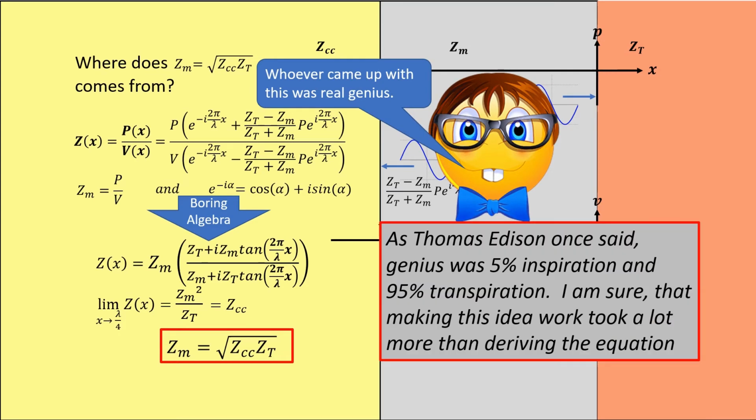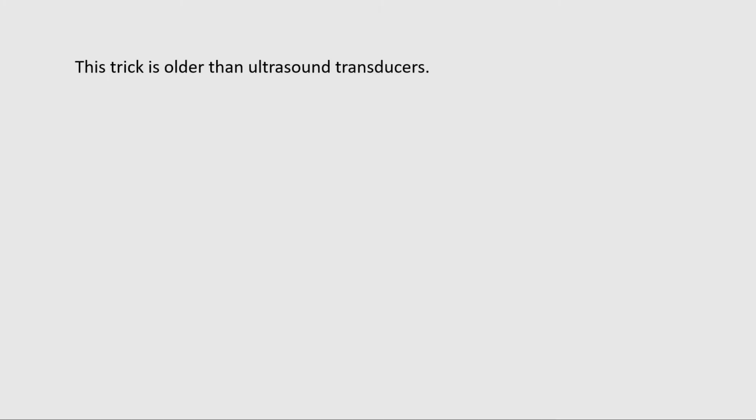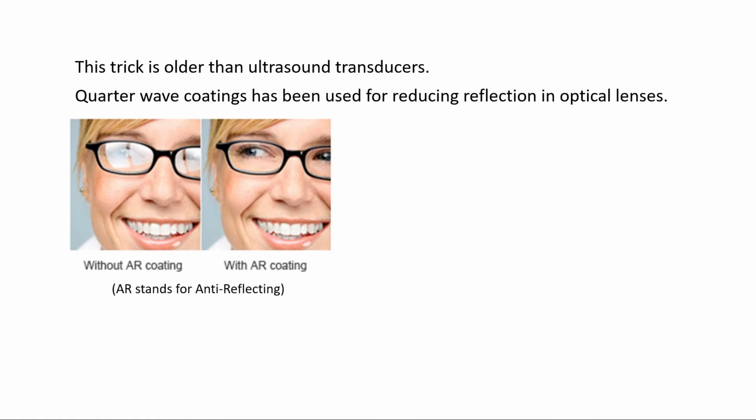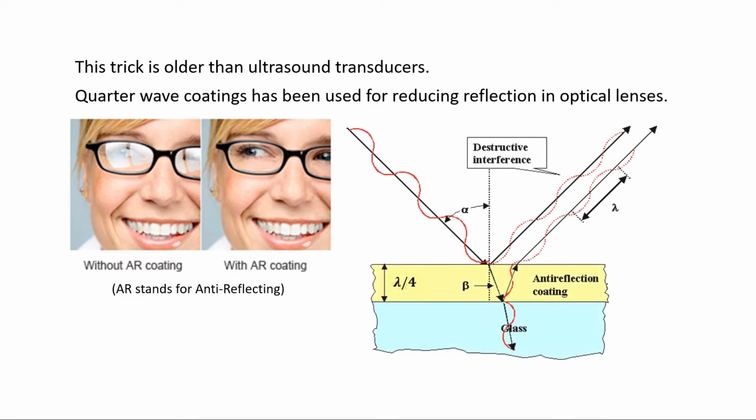As Thomas Edison once said, genius was 5% inspiration and 95% perspiration. I'm sure that making this idea work took a lot more than deriving the equation. This trick is older than ultrasound transducers. Quarter wave coatings have been used for reducing reflection in optical lenses.